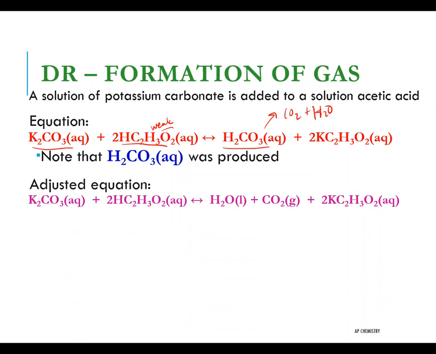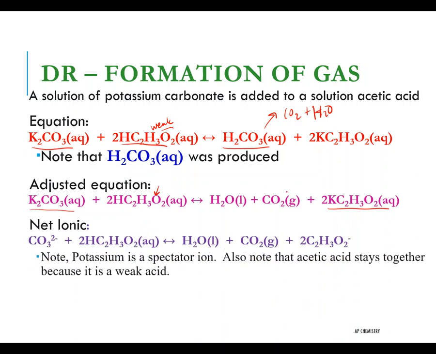Now, in addition, this gets more complicated because now we have to deal with our spectators. The potassium carbonate here is soluble, so you have to break it apart. The potassium acetate's also soluble, you have to break it apart. You don't break apart the acetic acid because it's weak, and you can't do anything with the liquid or gas here.